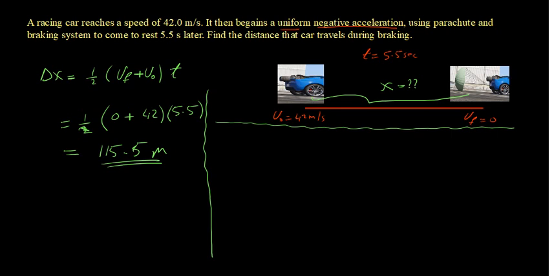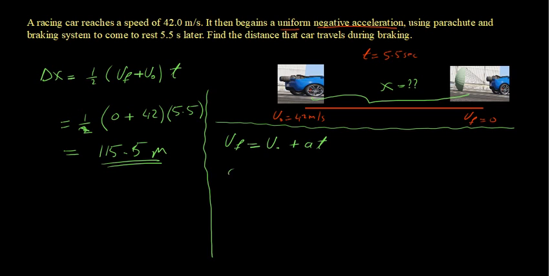If you don't know how to use the formula we just used, you could do it the other way, in which you find the acceleration, then use the acceleration to find the distance the car traveled during the braking. So let's do it. If I apply this formula, V final equals V initial plus a t.